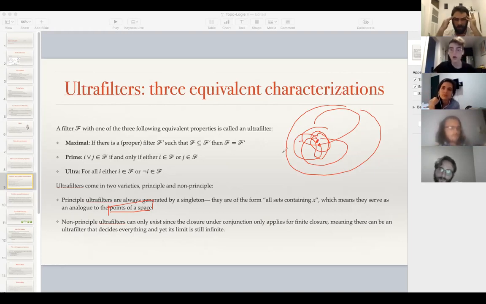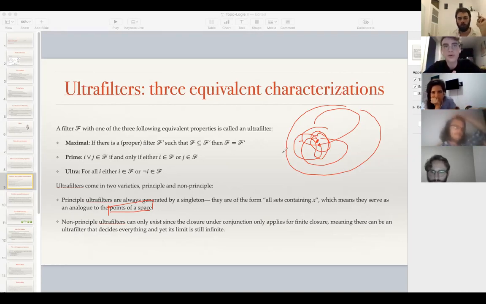Sorry, that means that if you have a principal ultrafilter, meaning all coverages that include the singleton, you can map them one to one to the points in the space. Yes. Because, okay, this is the point: a principal ultrafilter, by definition, is an ultrafilter generated by a single point.